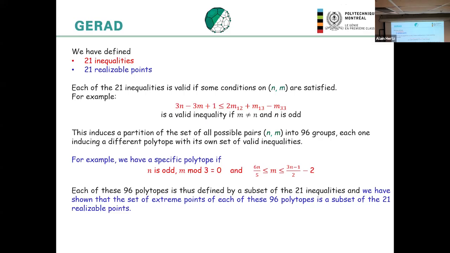But we have shown that the extreme points of this convex hull for each of these polytopes are always a subset of these 21 realizable points. Everyone has extreme points only from a subset of these 21 realizable points. So this means that we covered exactly, so each polytope doesn't contain too much. You have no extreme point outside. So every extreme point is a realizable point. So that's what we got.